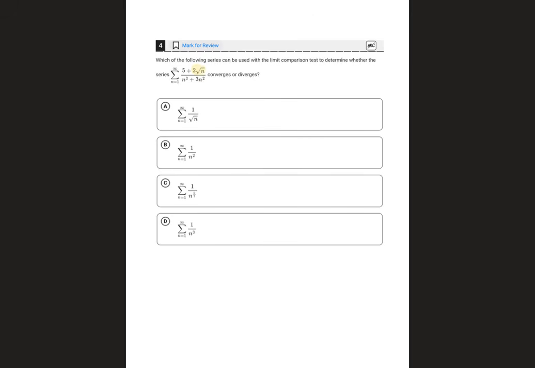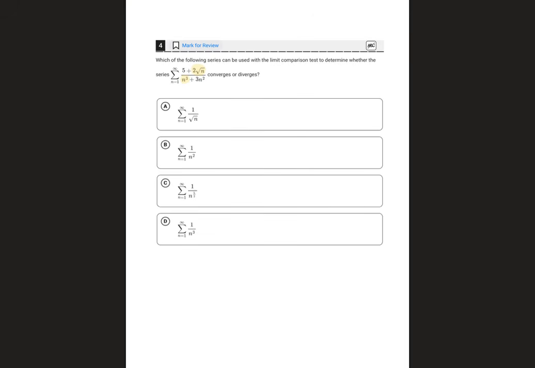So the top is like 2 root n, which is 2n to the 1/2, and then the bottom is n cubed. So when n goes to infinity, this plus 5 on the top doesn't matter compared to this term that's going to infinity. And also, when this n cubed goes to infinity, this 3n squared becomes insignificant. So you could really just ignore this and then ignore this.